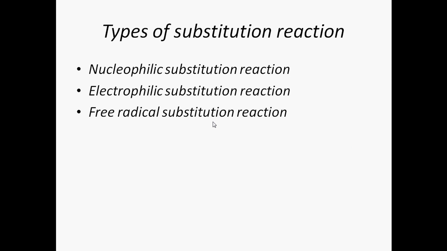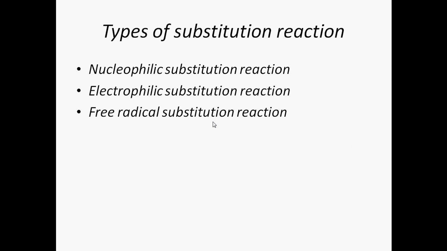Now the substitution reaction takes place in three ways: nucleophilic substitution reaction, electrophilic substitution reaction, and free radical substitution reaction. In nucleophilic substitution reaction, a nucleophile is involved in the reaction, and that's why it is called nucleophilic substitution.